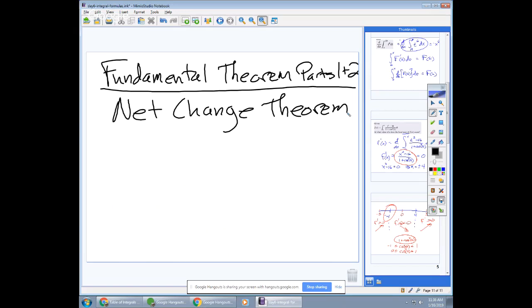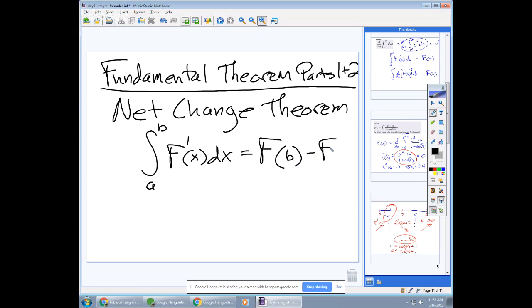One version of the net change theorem is that if you integrate from some value A to some value B the derivative of some function, then you just get to evaluate that function's antiderivative, f, at B, and then take away at A.